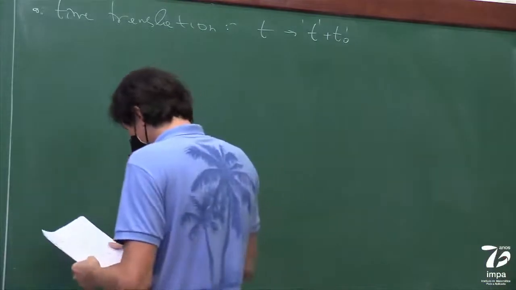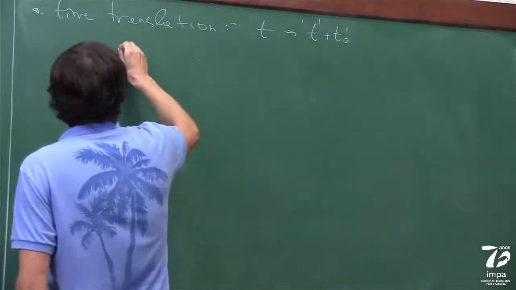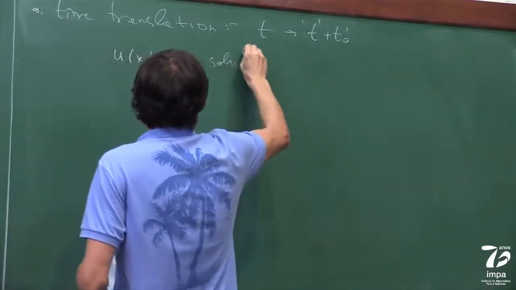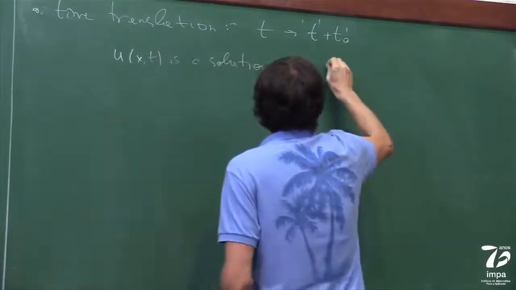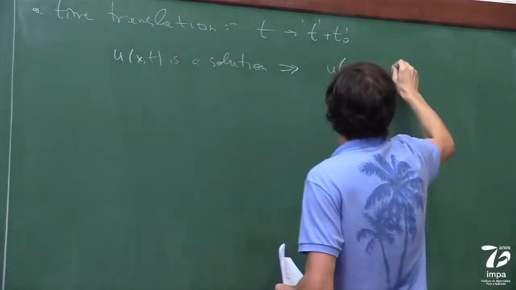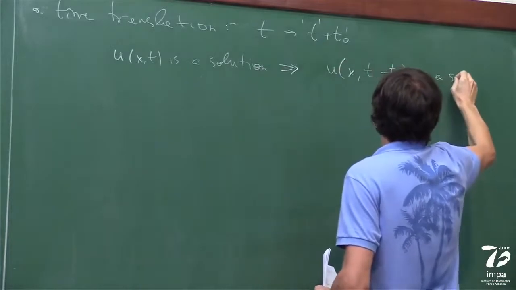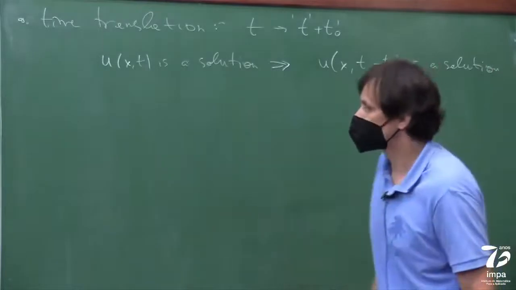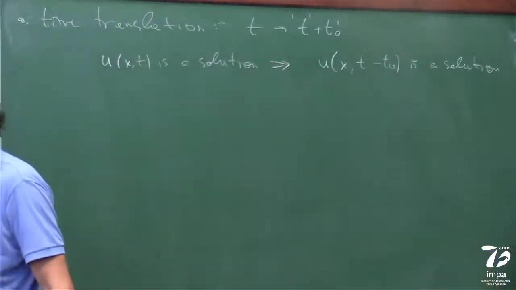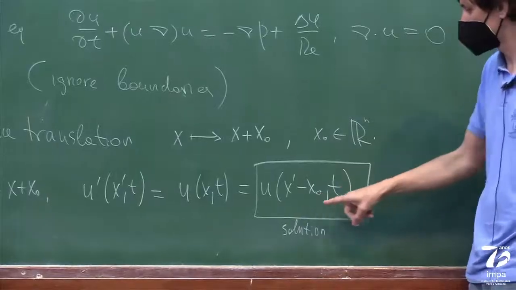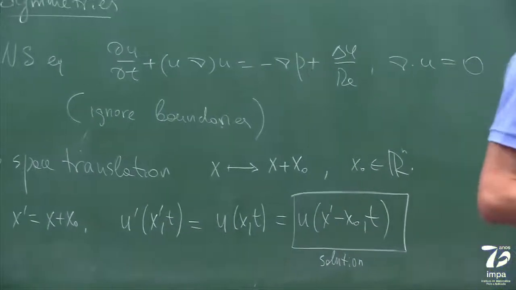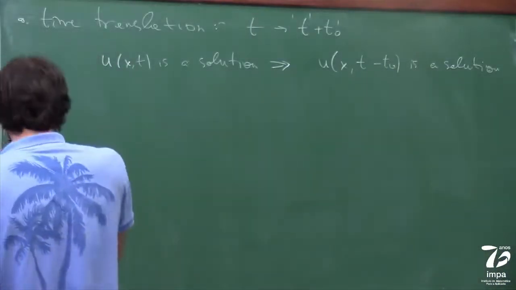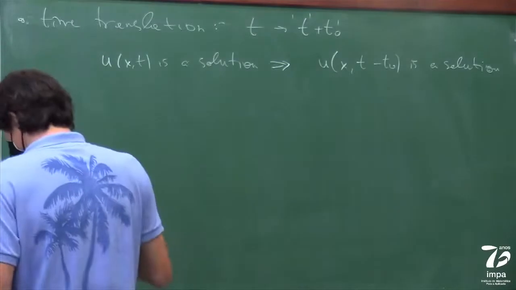And again, what it means is that if u(x,t) is a solution, then u(x, t minus t0) is a solution, just in the same way. So translation of both coordinates is a symmetry. Symmetry means a transformation that maps solutions to solutions. The next is already much less clear, less trivial: the Galilean transformation.